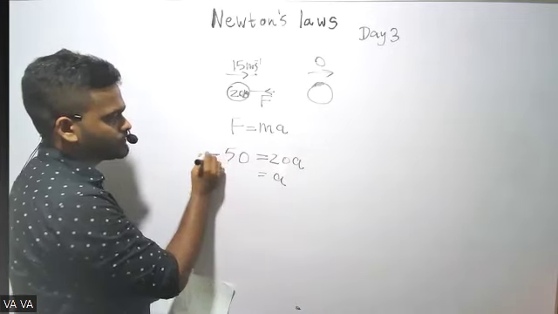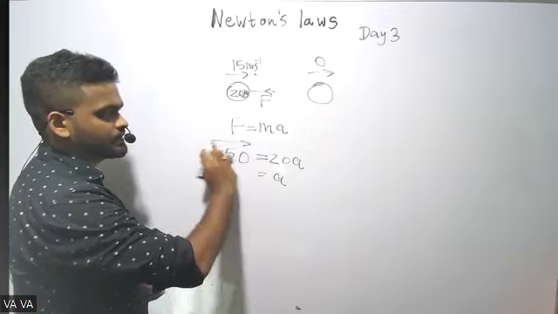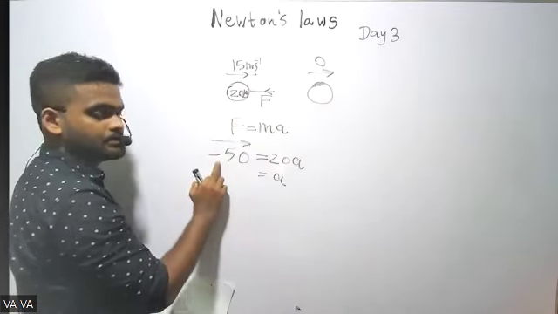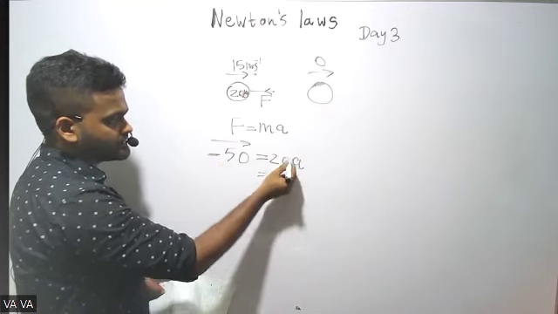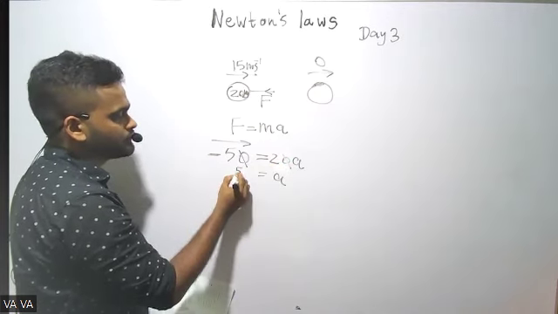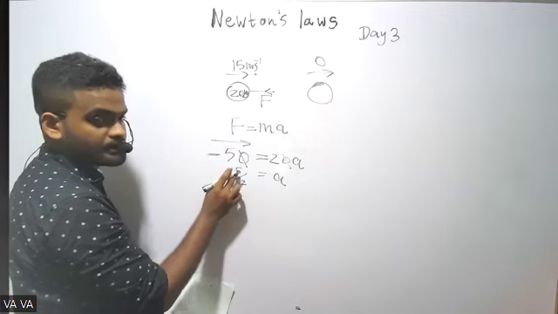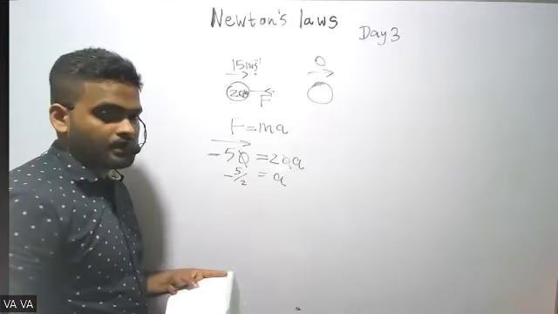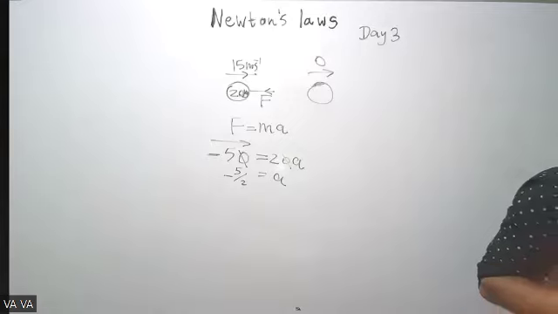If you want, you can put a minus here, because you are applying the equation to this side, so this force is to the opposite side. So this becomes a minus. Then acceleration is equal to 50 over 20, divide by 10, 5 over 2. So the deceleration is minus 5 over 2. That is the first thing you have to do, find the deceleration.